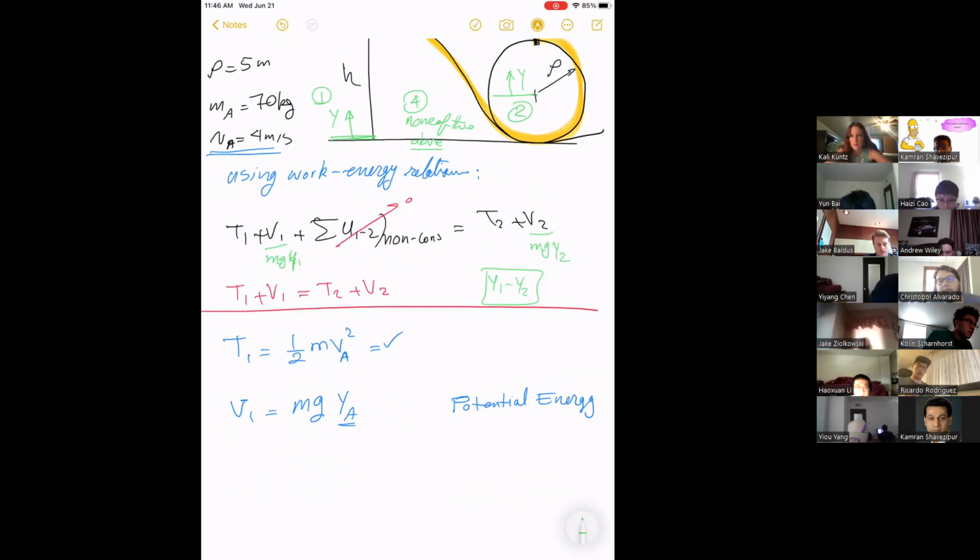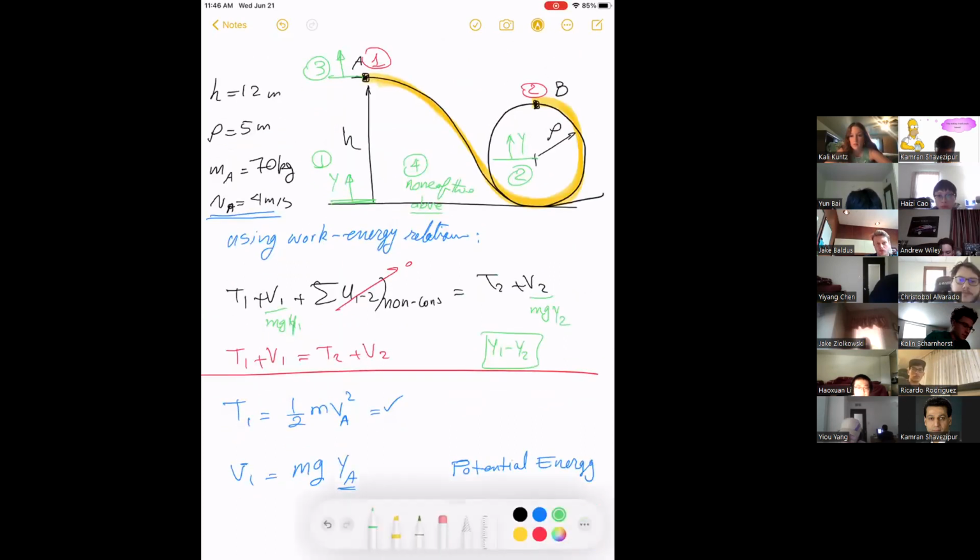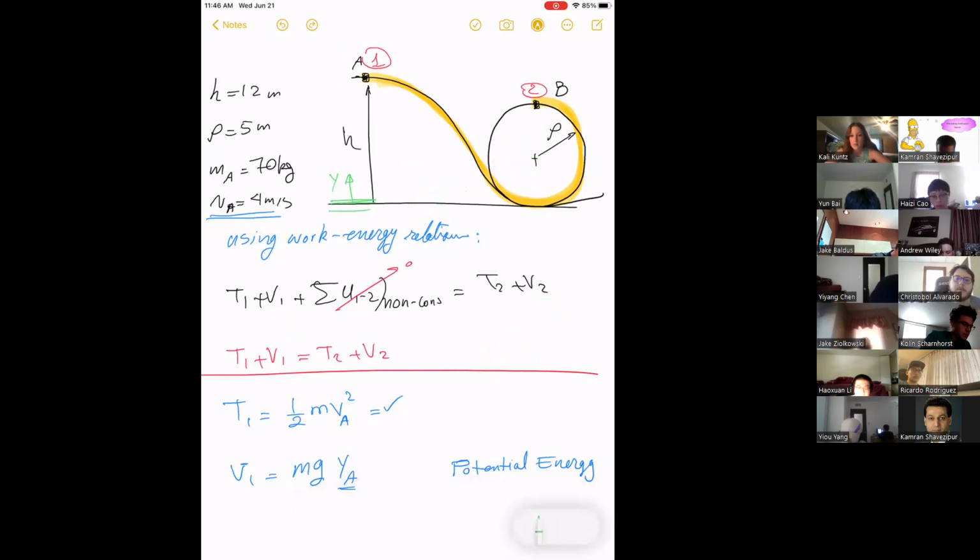You have to just pick something. Now, I could pick any of those, but it might be easier, from a calculation perspective, to pick this one as my reference for y.